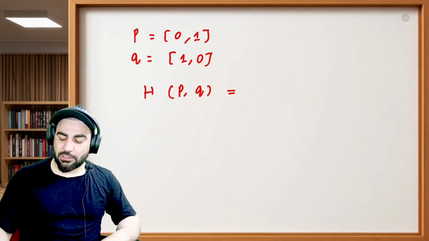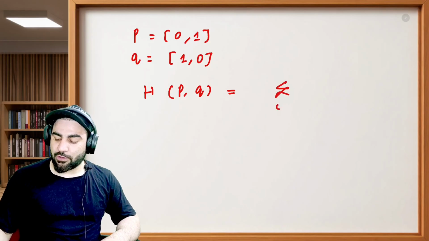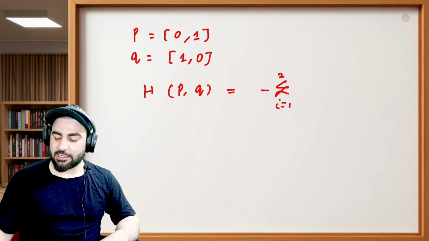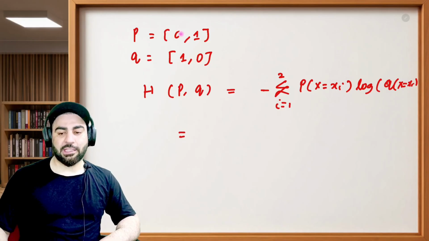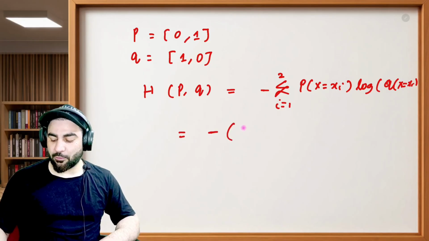You'll use summation of i goes from 1 to 2 in this case, negative of probability x takes value x_i times log of q, the probability x takes value x_i. Now if you see this, the answer will be, if I use natural log, log to the base e, I'll get something of this sort.